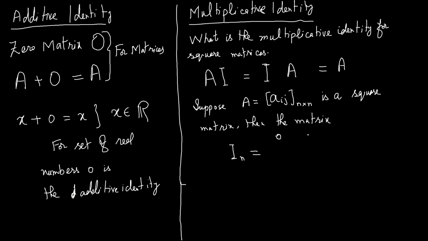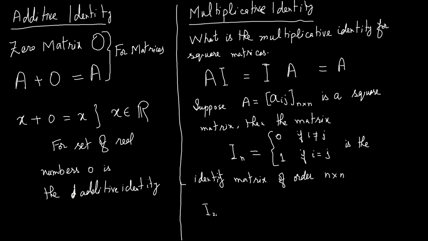Then the matrix I subscript n, n is for the order of the matrix, having entries 0 at non-diagonal positions and all ones at the diagonal positions. So I_n is a diagonal matrix with entries at the diagonal equal to 1. This matrix is the identity matrix of order n rows and n columns.